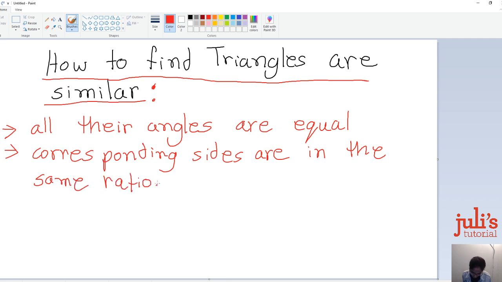Okay? What do I mean by that? Their corresponding sides are in the same ratio. They're not equal, but they're in the same ratio. And all their angles are equal.